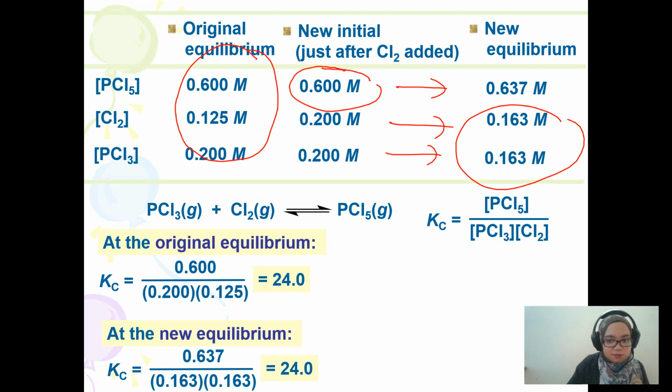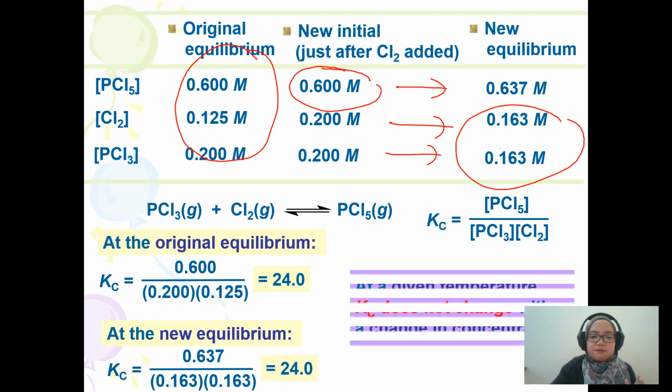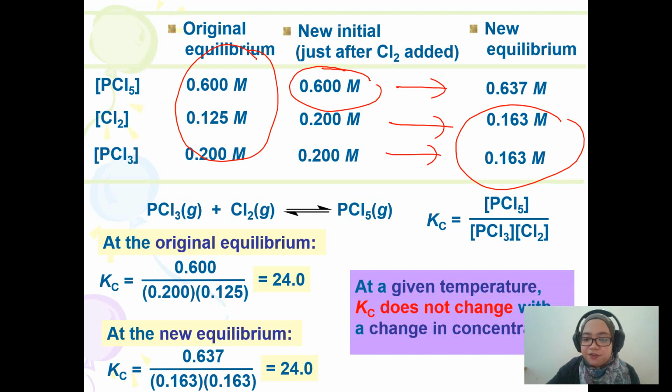Tak kisahlah original equilibrium ke new equilibrium ke, the value of K will remain constant. Okay, so at a constant temperature, Kc does not change with a change in concentration. Yang change hanyalah dia punya equilibrium position dengan dia punya equilibrium concentration.